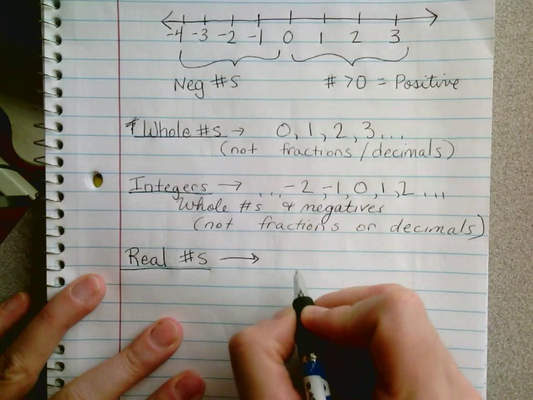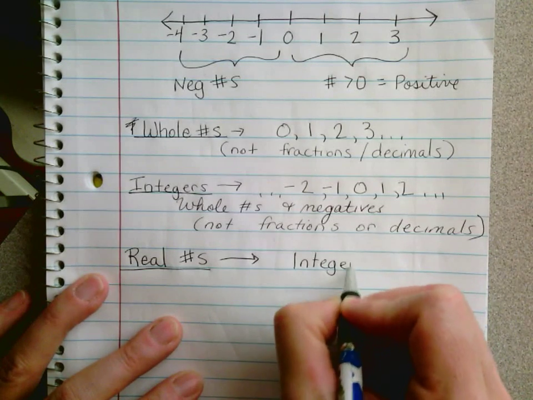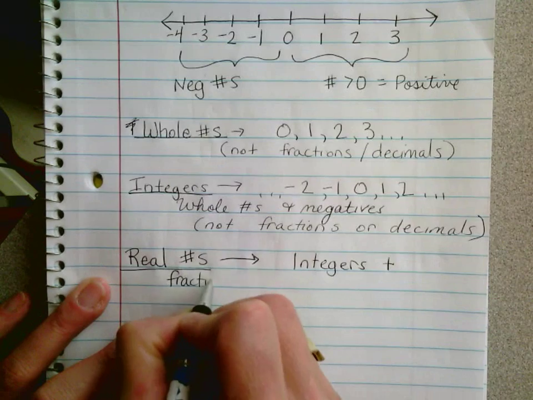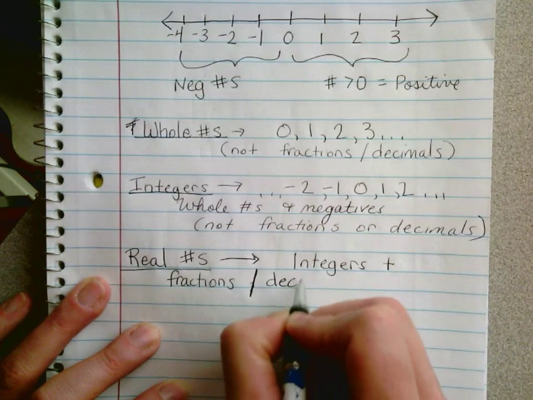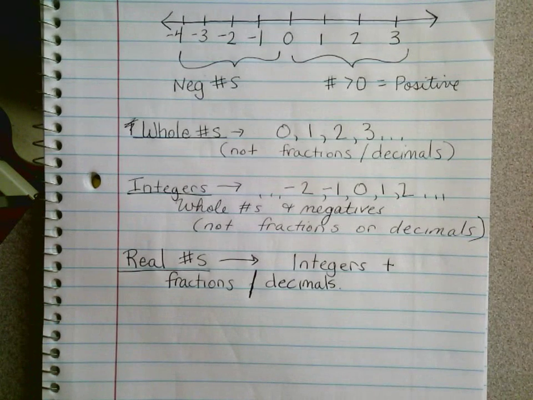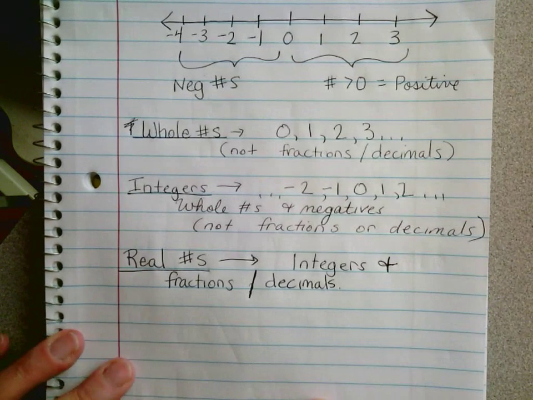That would be integers plus fractions. Any fractions or decimals. You know, fractions and decimals indicate the same thing, right? So integers and fractions or decimals.